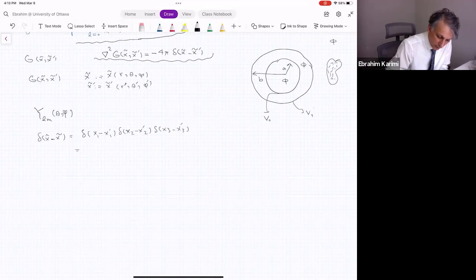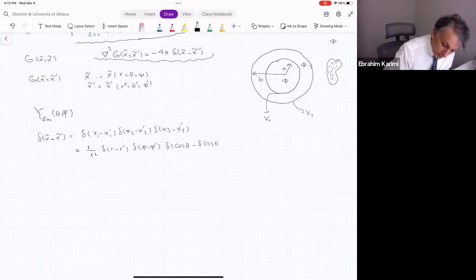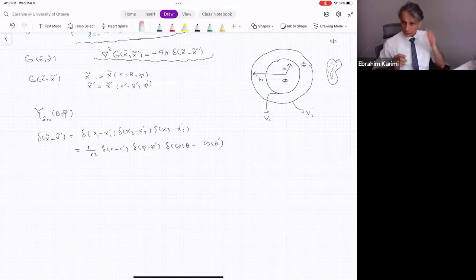And for spherical coordinates it was 1 divided by r squared, delta of r minus r prime, delta of phi minus phi prime, and delta of cosine of theta minus cosine of theta prime. Clear?